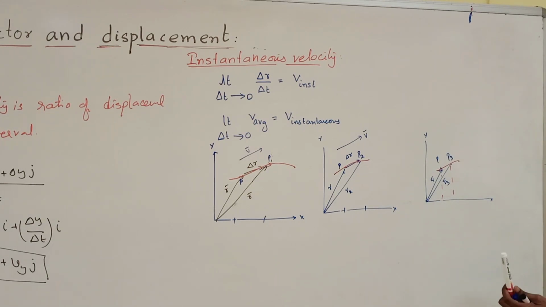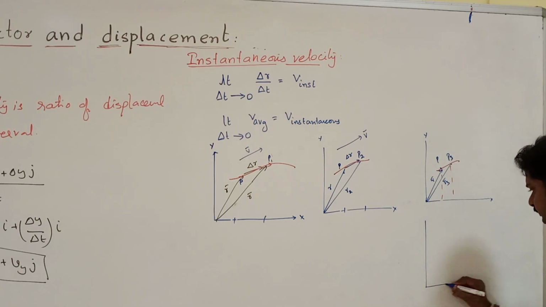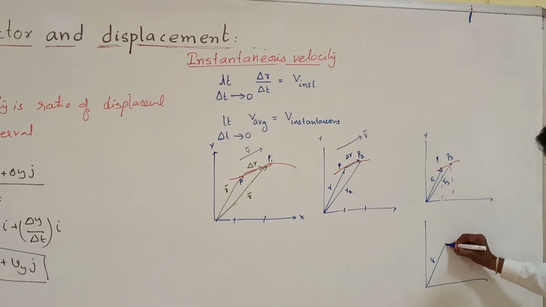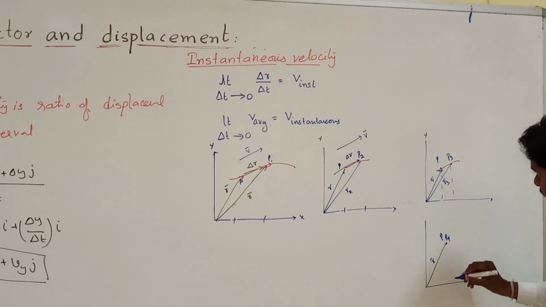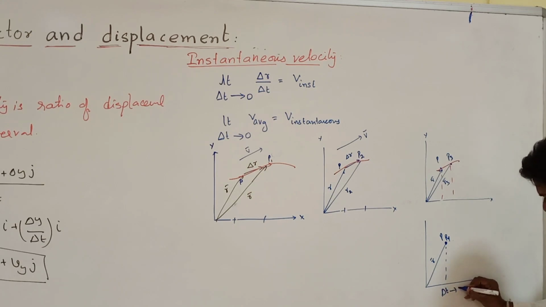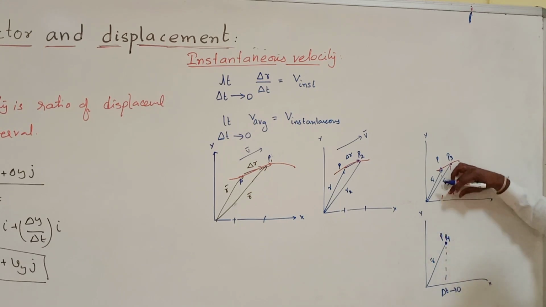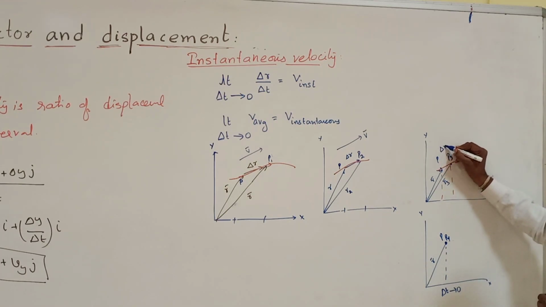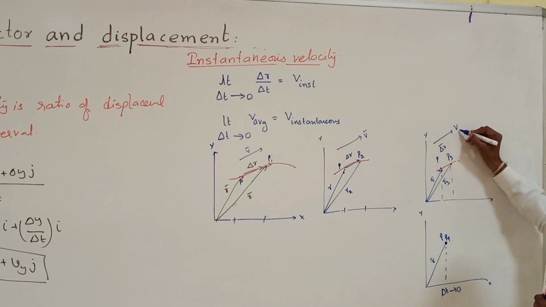The final one, see the R vector, the point P4 is almost equal to this one. The delta T value is almost tending to 0, equivalent to 0. So if you consider the time interval, as time approaches 0 between the two instants, the average velocity will become instantaneous velocity.